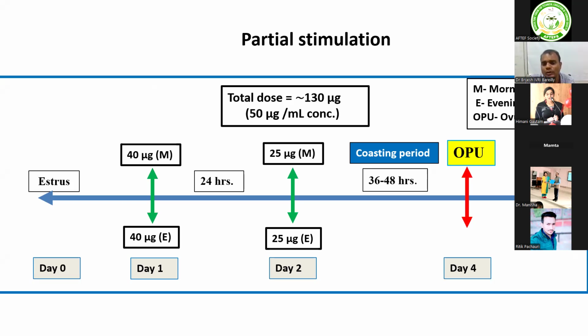We are not going for any stimulation. For buffalo, we are going for stimulation. In buffalo, we found that though recovery improved a bit, quality drastically improved. So for buffalo embryo production, definitely you have to go for partial stimulation. But for our indigenous cattle, we need not go for stimulation or partial stimulation for pickup.